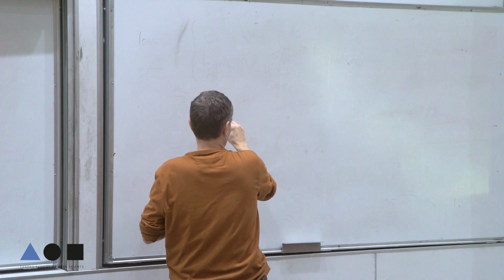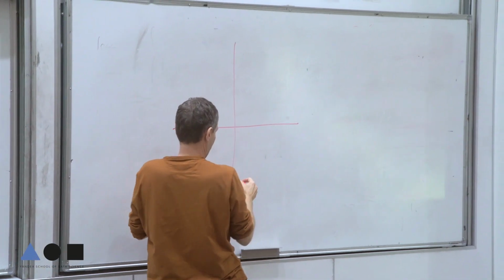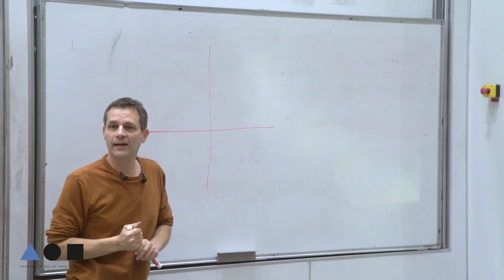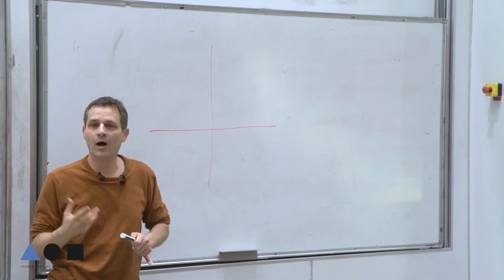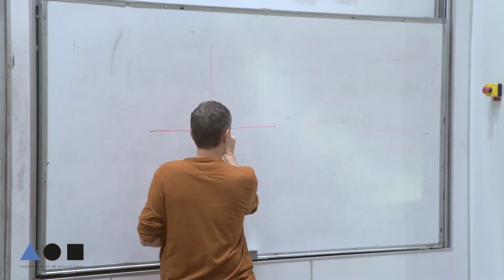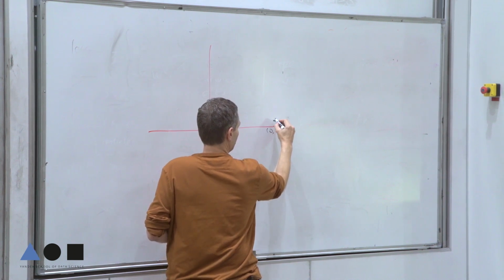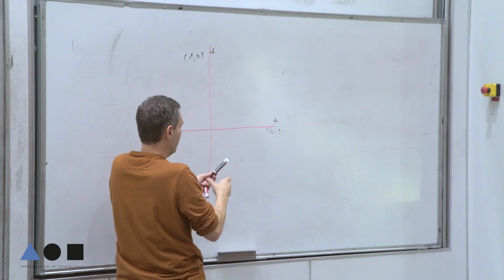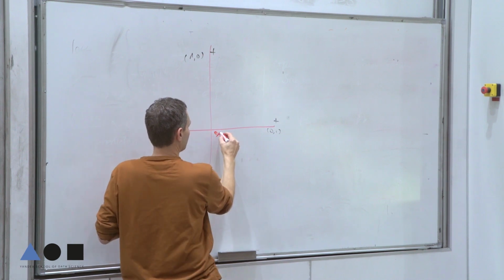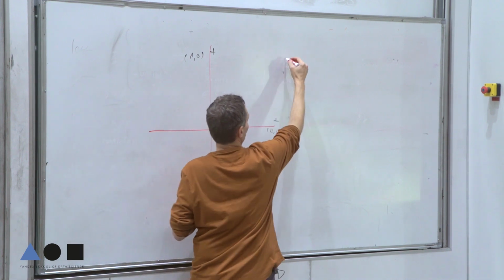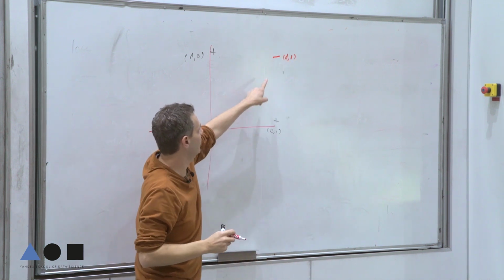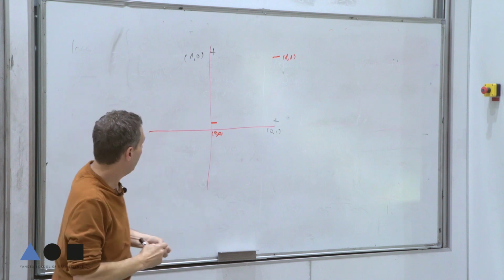We're going to be the positive class if you have an odd number of ones. So if you have 0, 1, this is a plus. If you have 1, 0, this is a plus. But if you have 0, 0, minus. 1, 1 is a minus. So this is an odd number of ones, and this is an even number of ones.